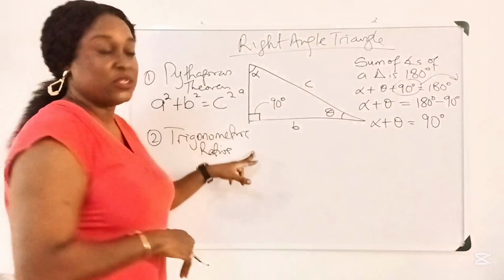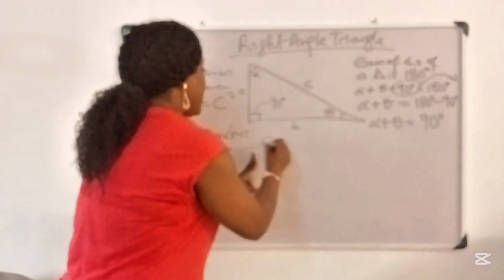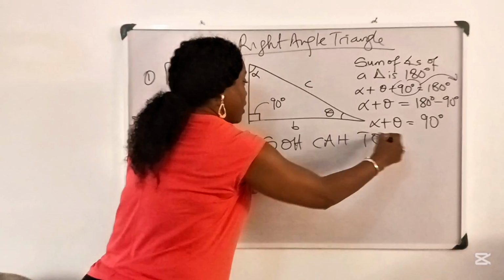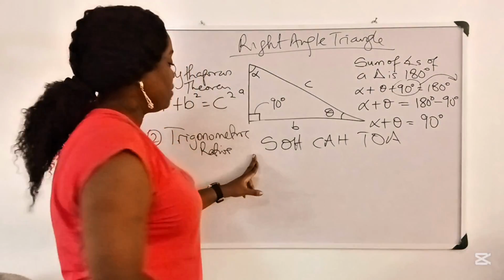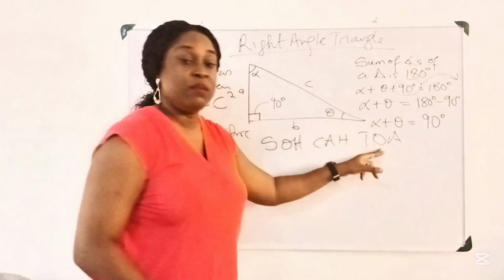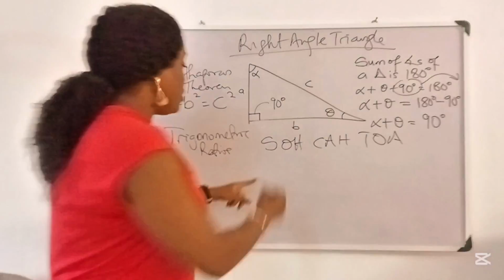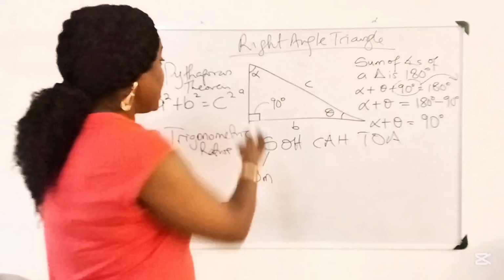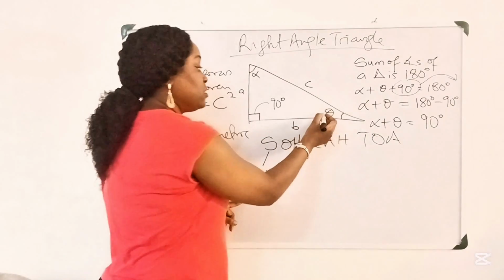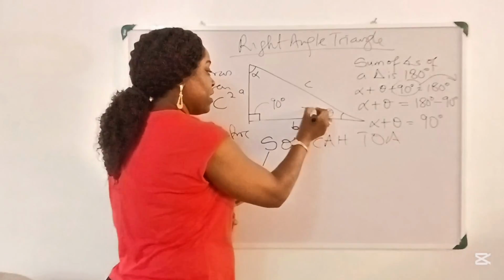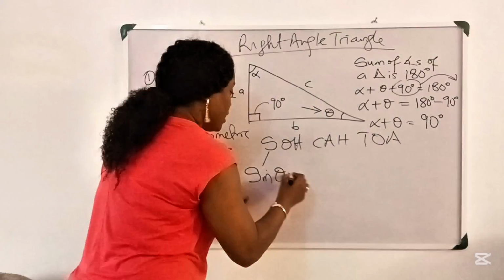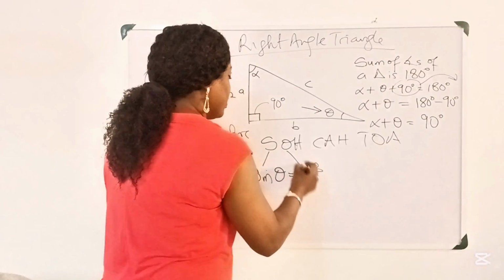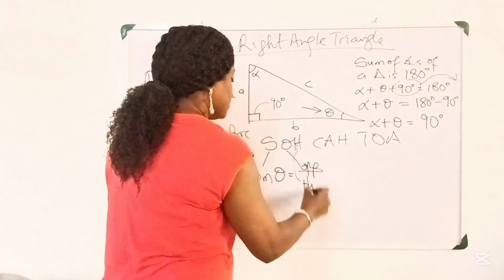Then we have the trigonometric ratios. Have you heard of the word SOHCAHTOA? This represents the three main trigonometric ratios. S stands for sine of the angle. We're going to take theta as our reference angle. Sine theta will be the opposite over the hypotenuse.